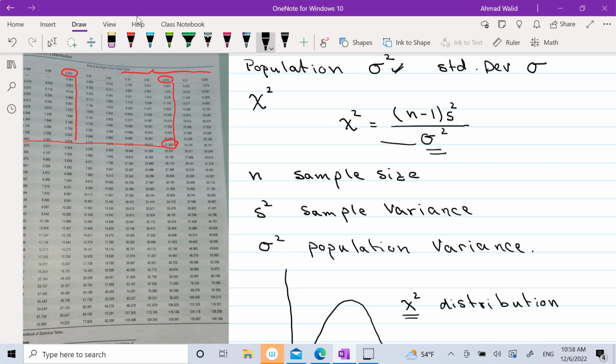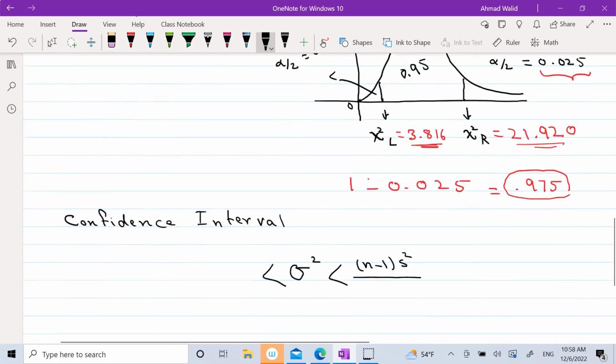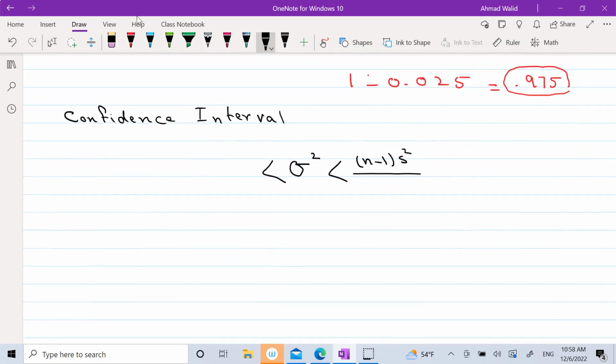If you do a little bit of algebra here, you can see if you solve this for sigma squared, you just bring chi squared here and sigma squared here up, correct? Then when you build this confidence interval, here you will have in the denominator chi squared, but for the right you are using left.